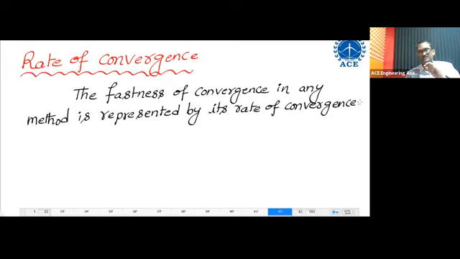If the rate of convergence is very high, that method is faster convergent, meaning it comes very quickly close to the right answer. If the rate of convergence is low, that method is slow; it takes a lot of time to converge.